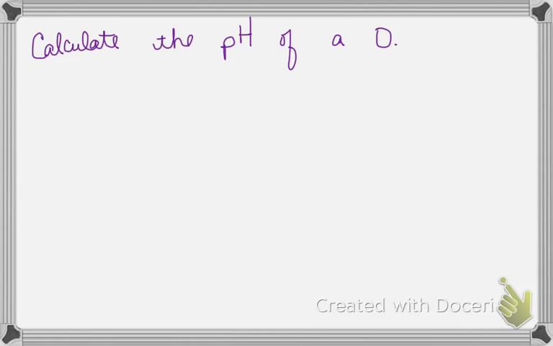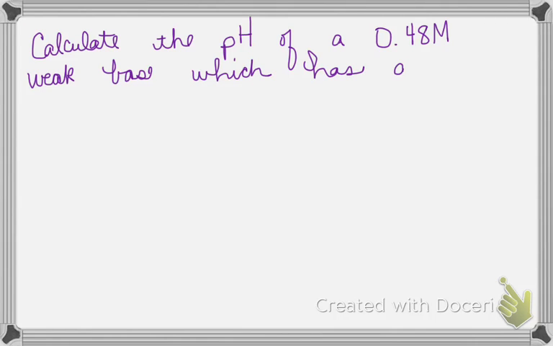All right, let's work another one similar to that. Let's calculate the pH of a 0.48 molar weak base which has a Kb equal to 2.1 times 10 to the minus 11.